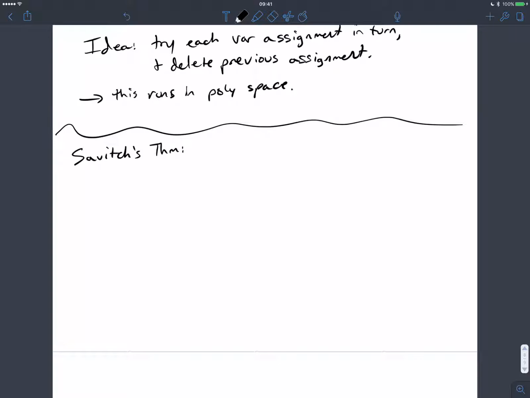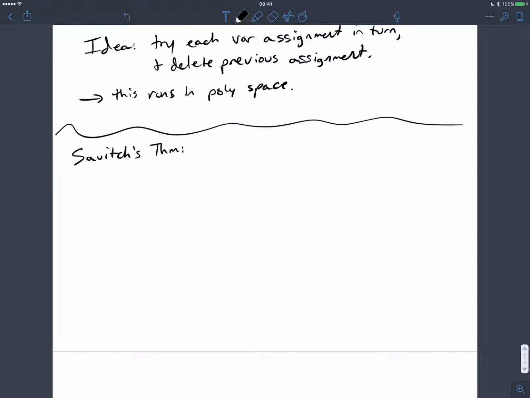It doesn't really make sense yet to talk about space that's less than the size of the input, because we haven't defined it. We'll define it maybe later, but not now.